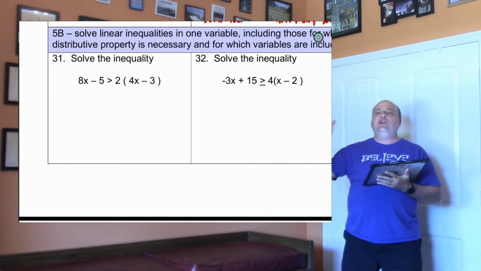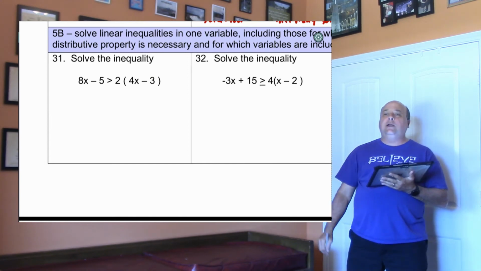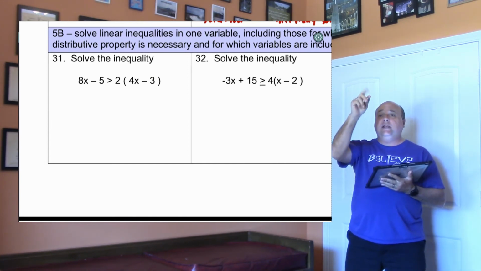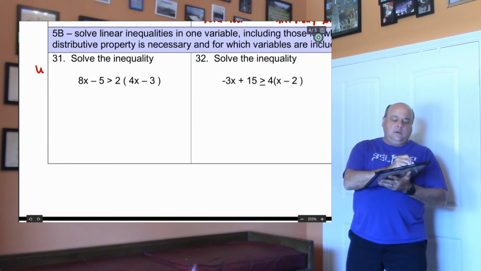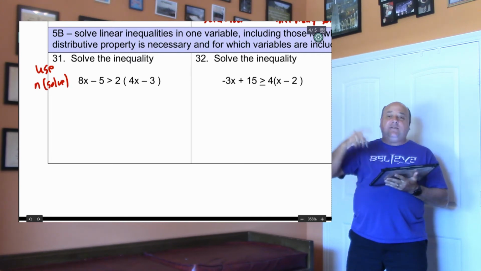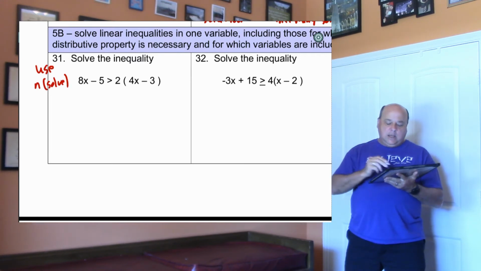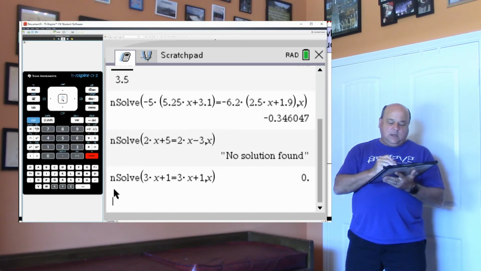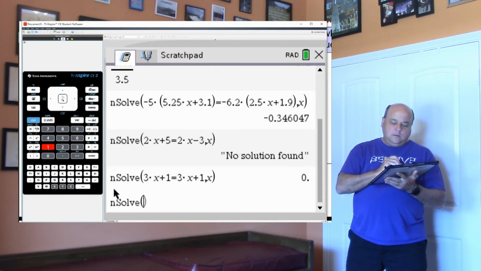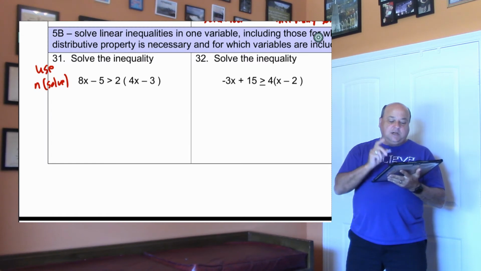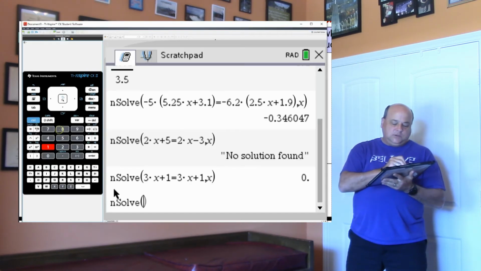On 31, you cannot do an inequality on the calculator, but you can do Insolve. So on this problem here, use Insolve. And then you have to use the math to get the inequality. So let's go and use Insolve. So menu 3, 1. And then we're going to type in the equation. 8x minus 5 equals, and you can't use the inequality, can you?